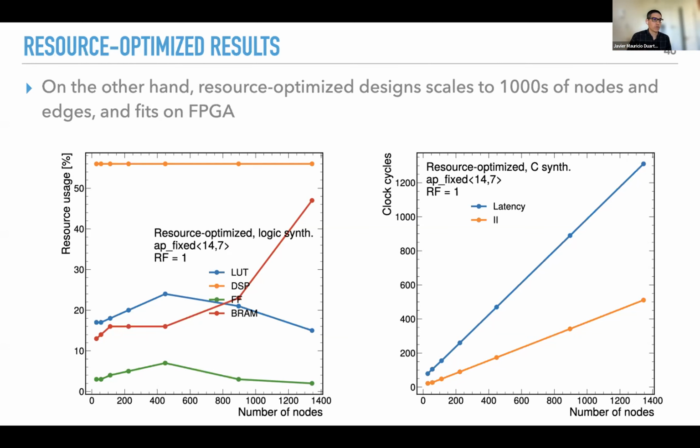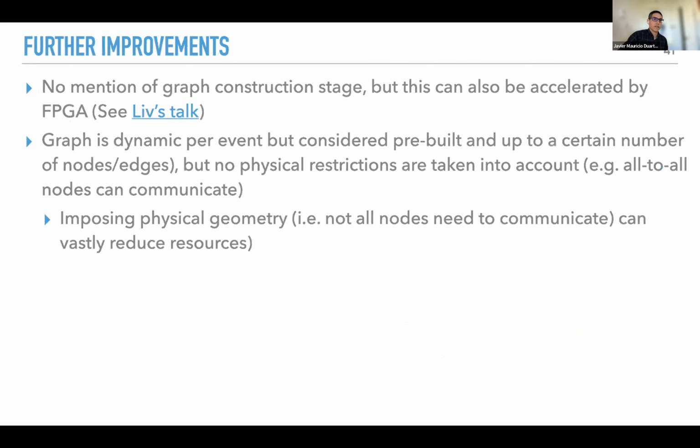This might be more useful for co-processing applications because the latency is too long for the level 1 trigger, but it can still be quite useful for things like high level trigger or offline processing. For further improvements, I didn't mention anything about the graph construction stage, but this can also be accelerated on an FPGA, and you can see more about this in Liv's talk from the workshop.